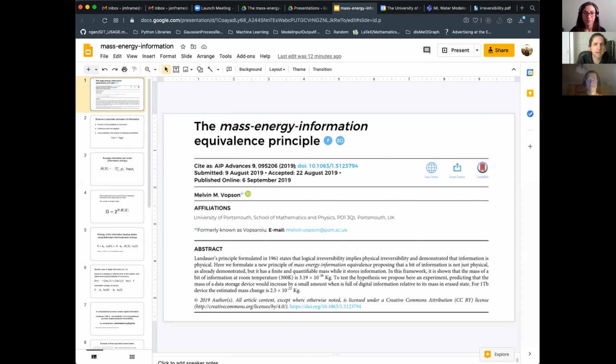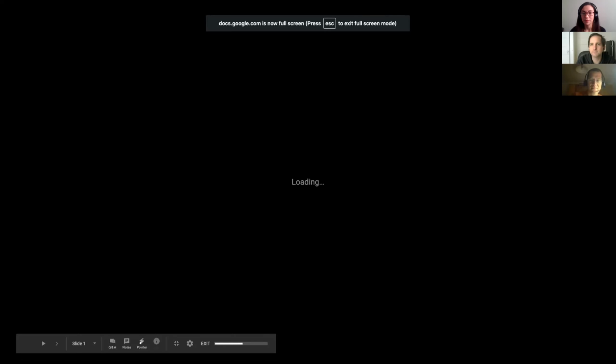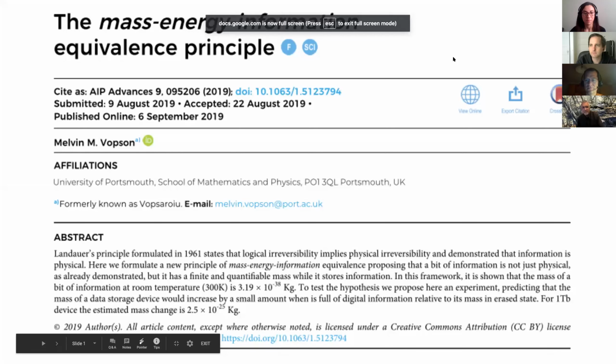Can you see my, I guess you can see. We can see your full screen. My full browser. So let me see if I go to present mode, what do you see? Perfect. Okay. Yes, it works.